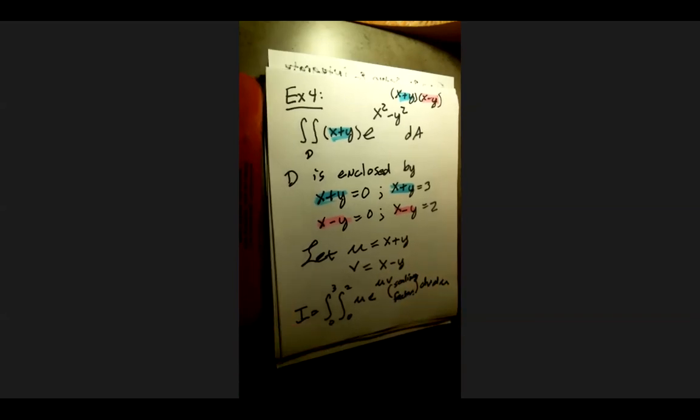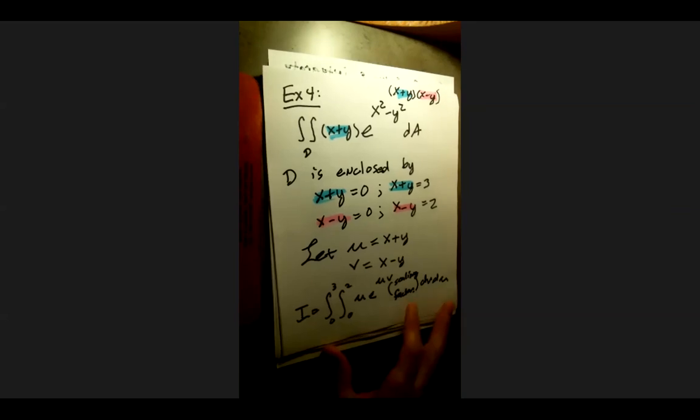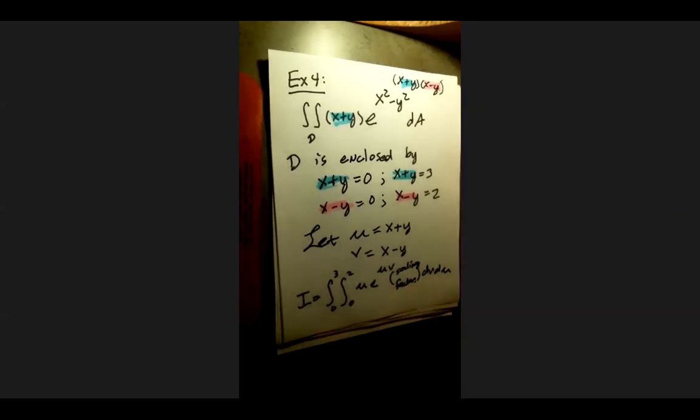Okay. So you can see from those 3 examples, they were all pretty fast. You can see from those examples that this change of variables can be pretty straightforward, just like it was in Calc 2.